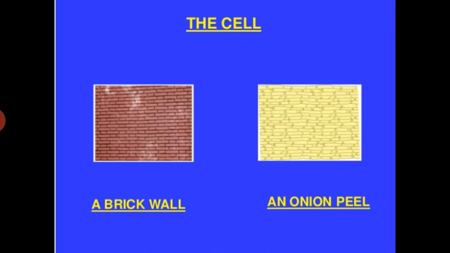Both pictures look the same because the bricks are arranged in a similar manner, and in an onion peel all the cells are arranged in a similar manner like bricks. They form the whole wall, the whole structure.